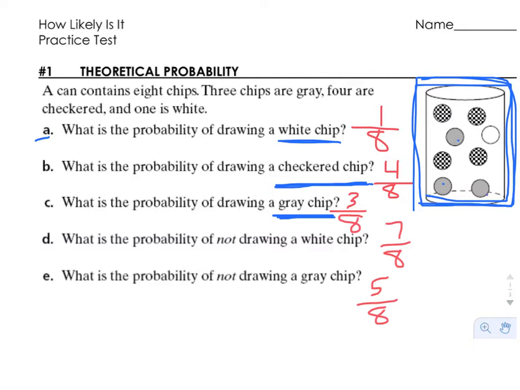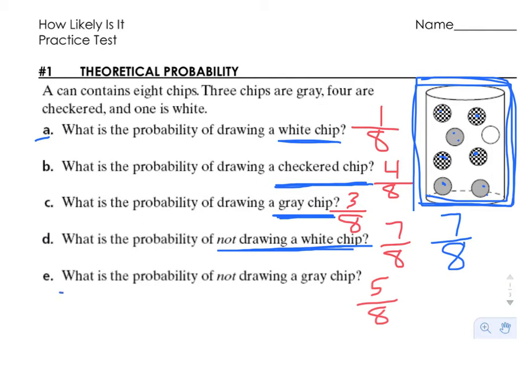Now the last 2 questions are going to ask something slightly different. Letter D asks for not drawing a white chip. I need to look at all of the chips that are not white in this example. 1, 2, 3, 4, 5, 6, 7 out of the 8 total chips are not white.